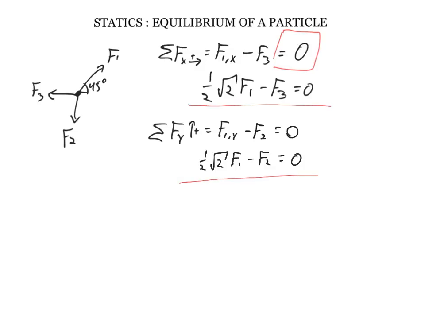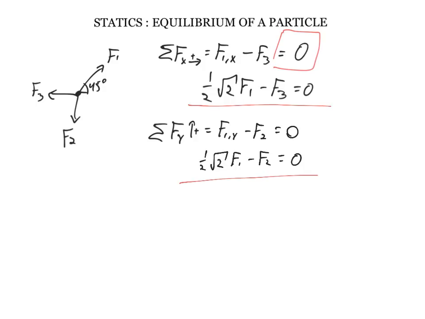What we do normally is that when we can write two equations, we can solve two unknowns in the equation. So here there are three forces, so we cannot solve three forces with two equations alone.